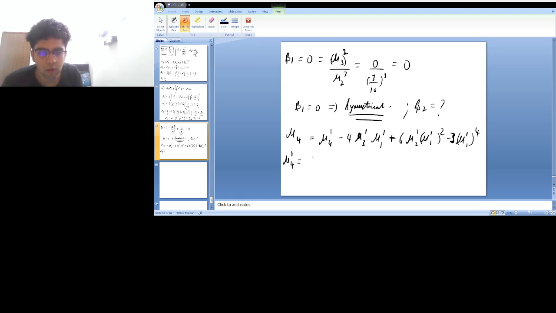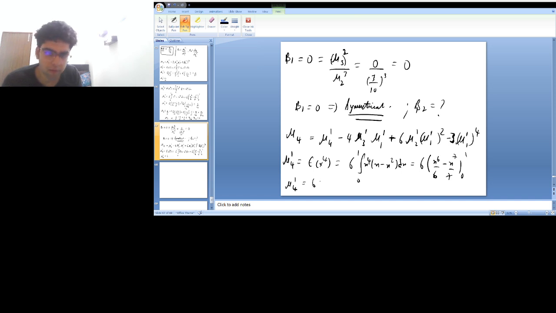And this is E of x to the power 4, which is 6 comes out, integral from 0 to 1 of x to the power 4 into x minus x squared dx, which is 6 times x to the power 5 upon 5 minus x to the power 6 upon 6... which is 6 times x to the power 6 upon 6 minus x to the power 7 upon 7, from 0 to 1, which gives me the value as 6 into 1 by 6 minus 1 by 7, which is 6 into 1 by 42, this is 1 by 7, right?